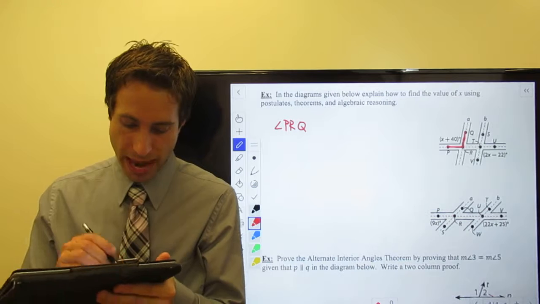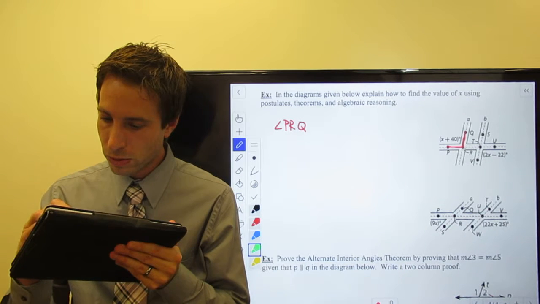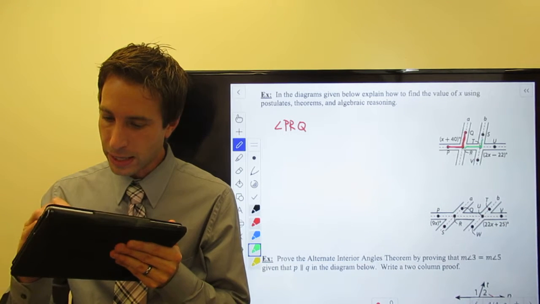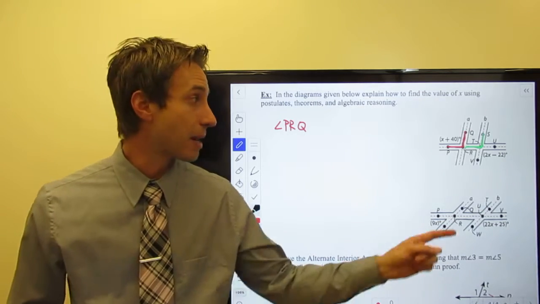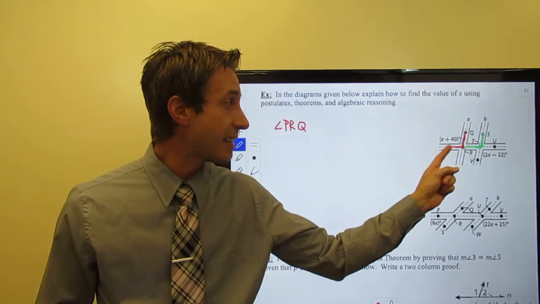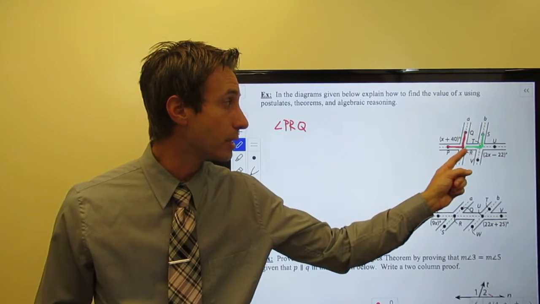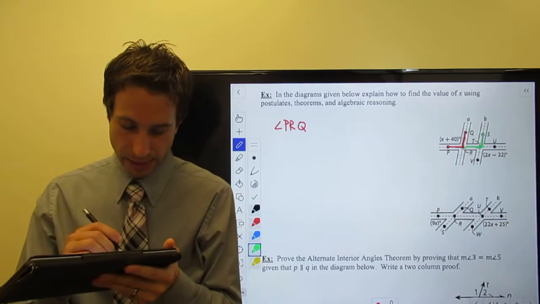How do I know that? Do you guys know what property, what theorem I'm using? What theorem, what postulate am I using to say that that angle in red is congruent to RTS?